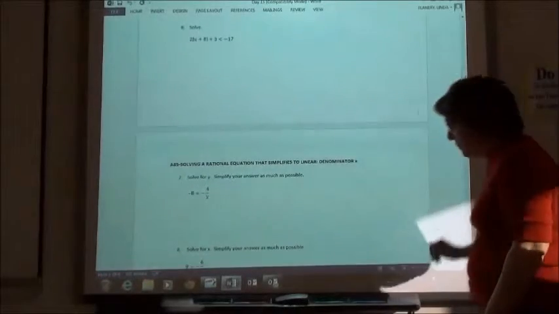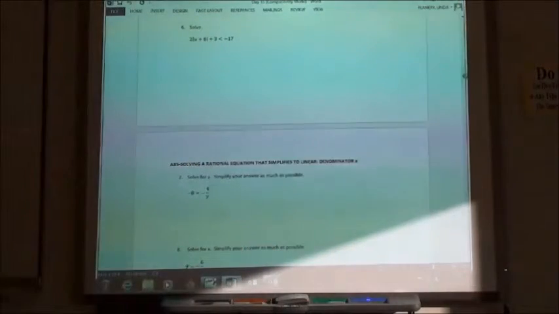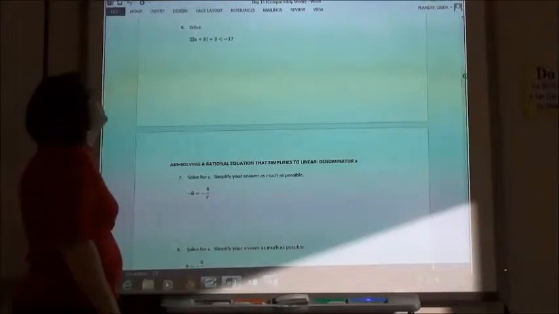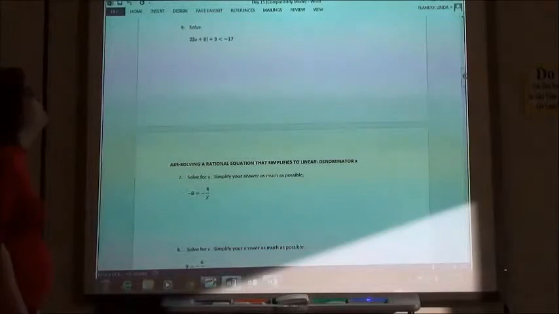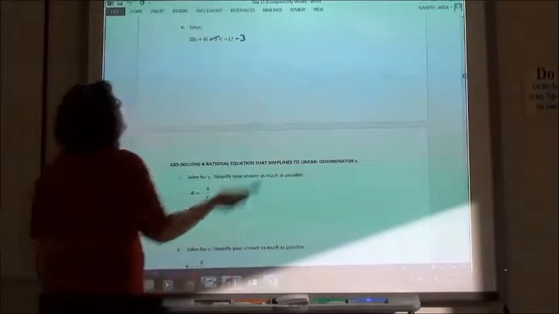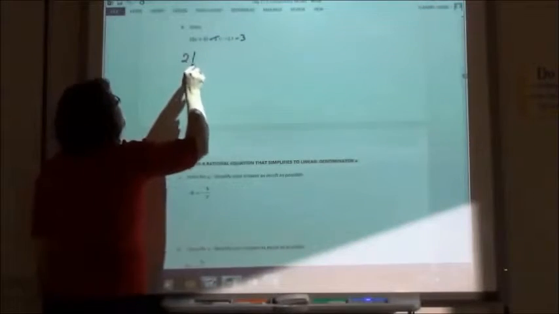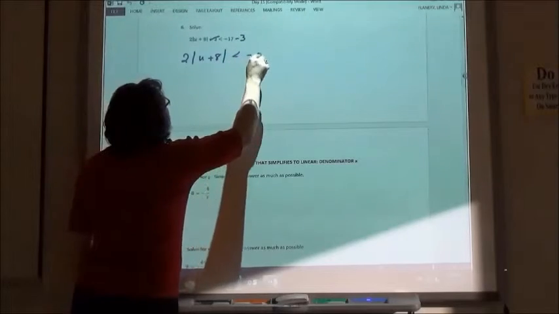Number 6 then, if we're going to solve that one. First thing I want to do is take the 3 and minus. Yep. 15 minus 3. So 2 times the absolute value of u plus 8 is less than negative 20.